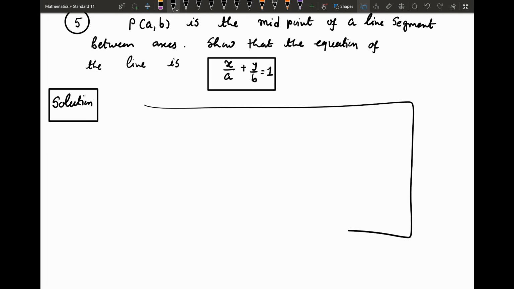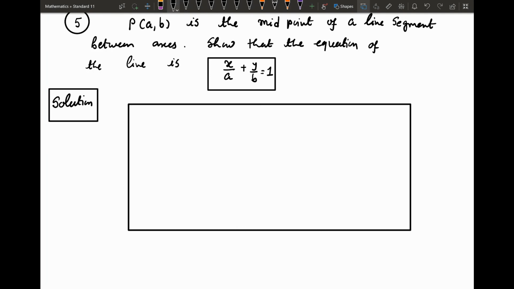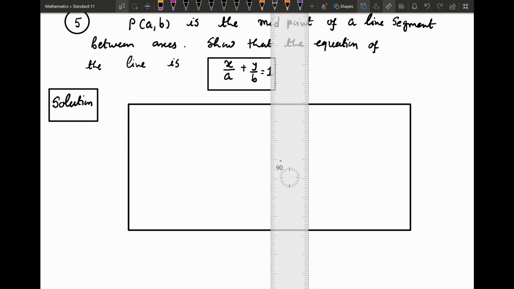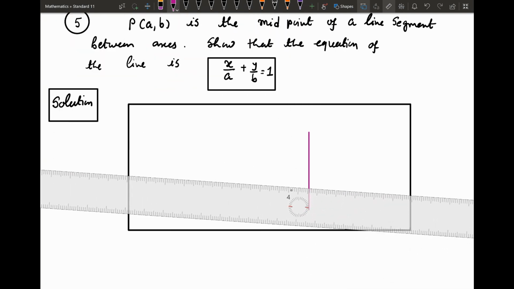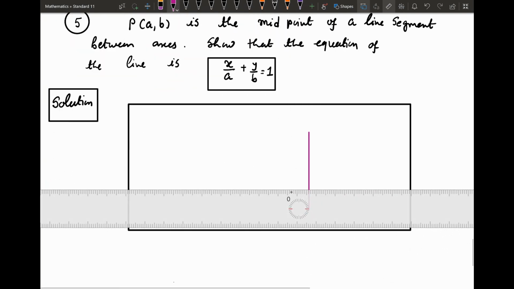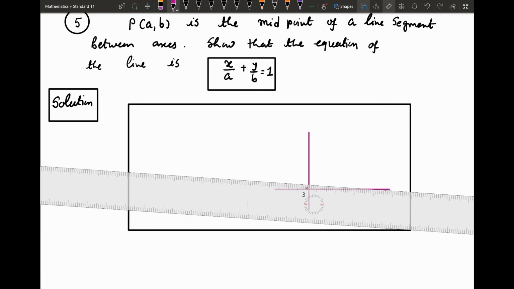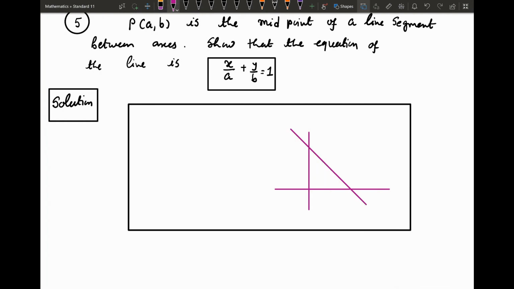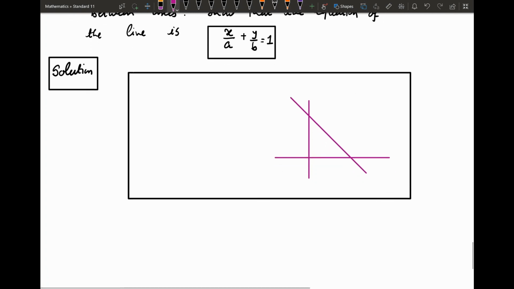First we discuss the method to solve this one. Check this figure.